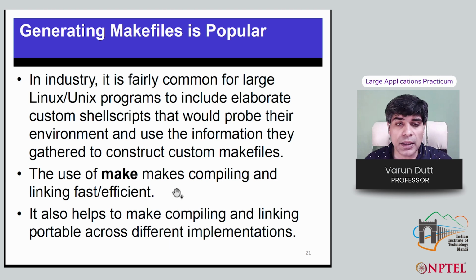In industry, it is fairly common for large Linux and Unix programs to include elaborate custom shell scripts which probe their environment and use the information they gathered to construct custom makefiles. And the use of make makes compiling and linking fast and efficient.